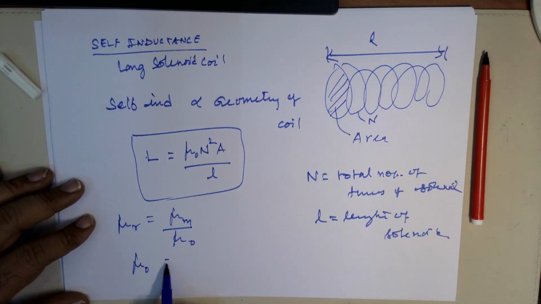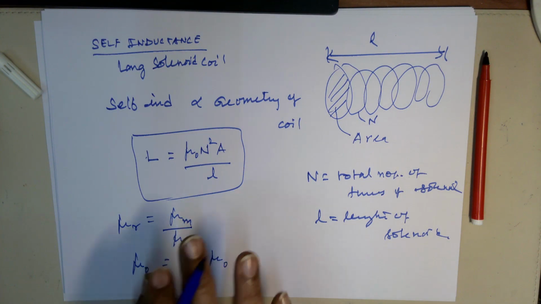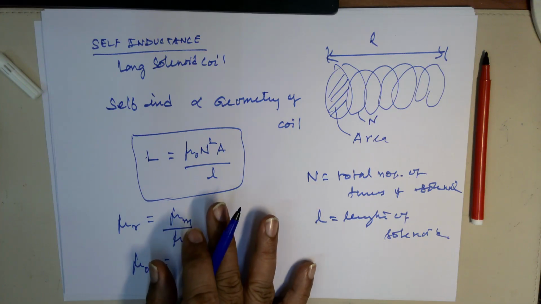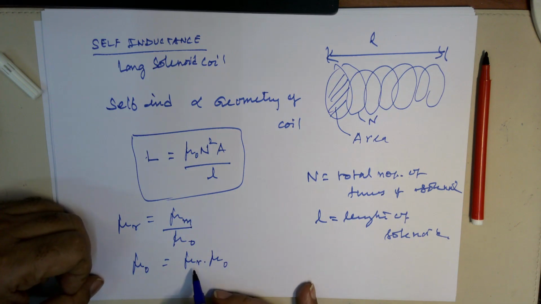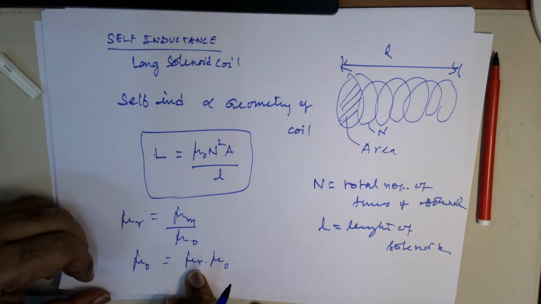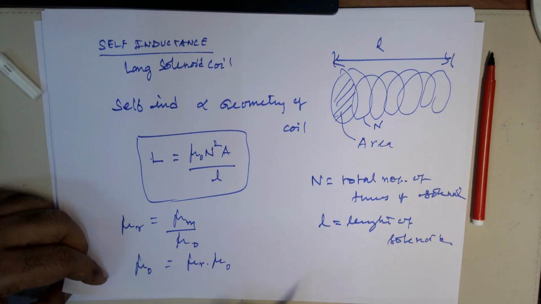Therefore, mu m is equal to mu r into mu naught, where mu m is the permeability of a particular material, mu r the relative permeability, and mu naught the vacuum.